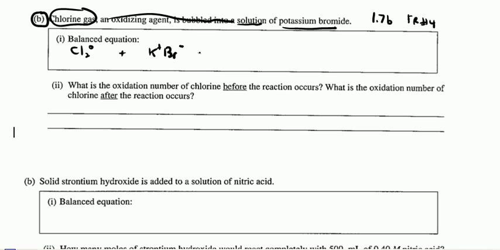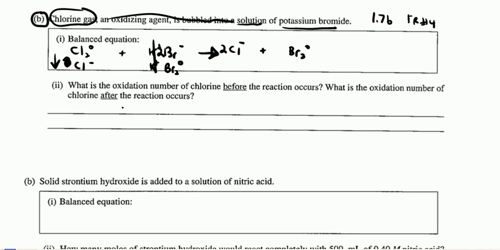So we see neutral atoms, so redox is going to have to happen. Chlorine is going to go down to Cl minus. Bromine is going to go up to Br2, and potassium is going to stay the same. It is the spectator ion. We are left with 2 Cl minus and Br2.